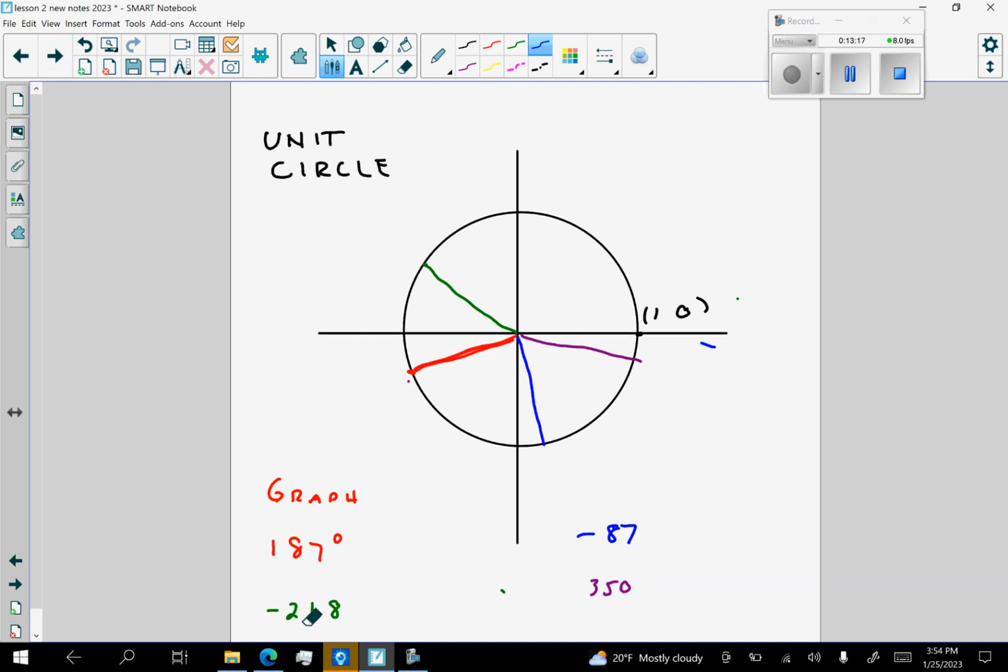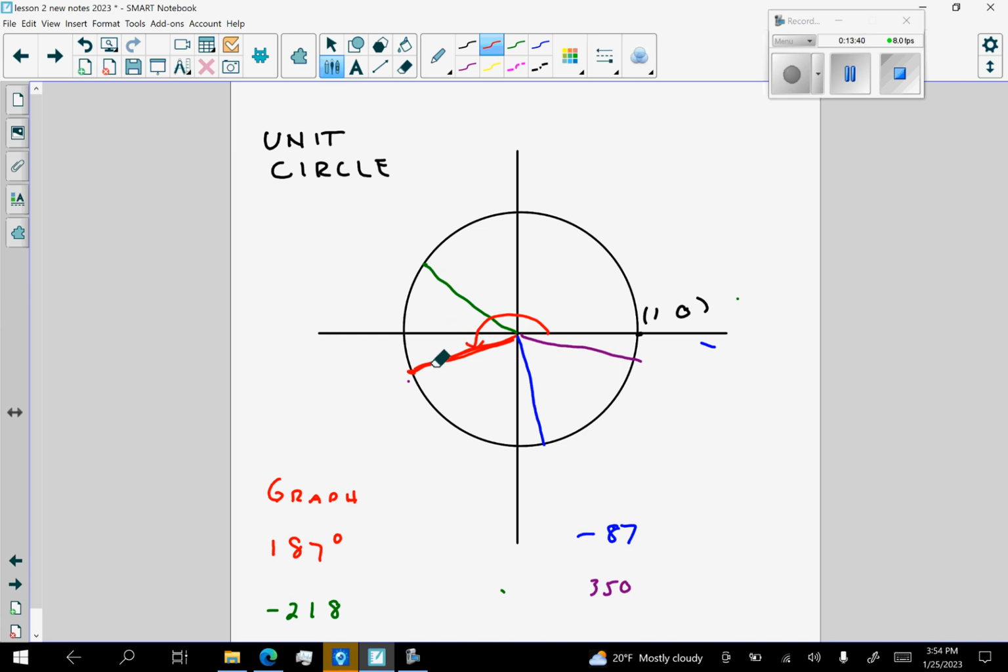So here's 187 degrees. It's positive, so you're going to go this way. That's not a bad representation. It probably would be a little bit less. But that's going to get you the points, because you know you're not that far into quadrant 3, and you're greater than 180.